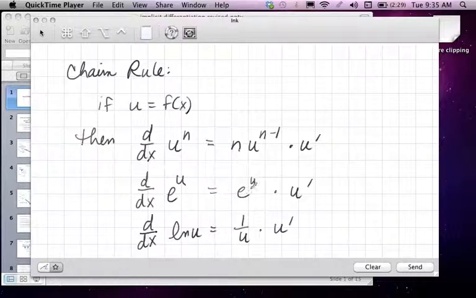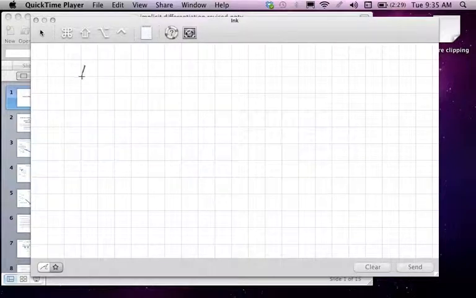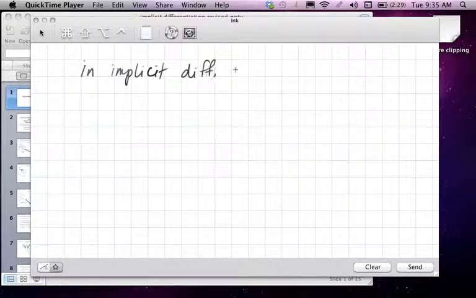Well, in implicit, instead of using u equals f of x, we're going to be assuming y is a function of x. So in implicit differentiation, we assume y is a function of x.